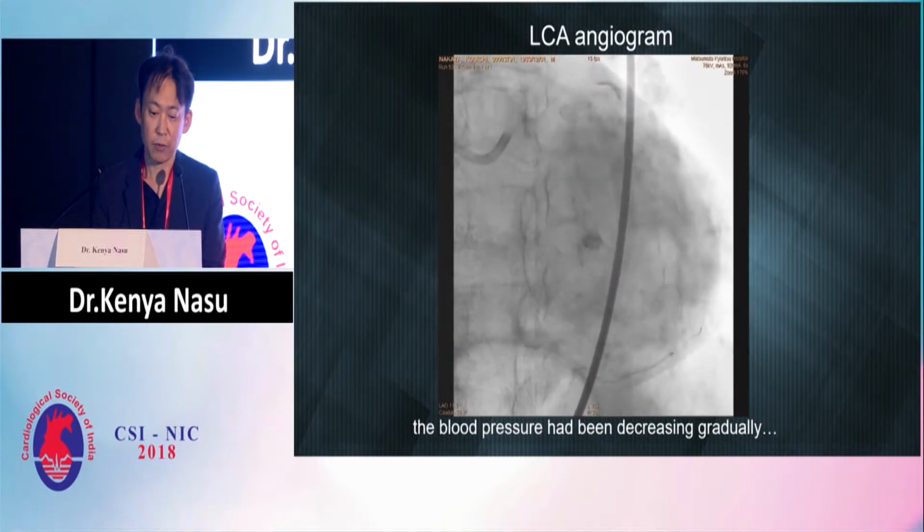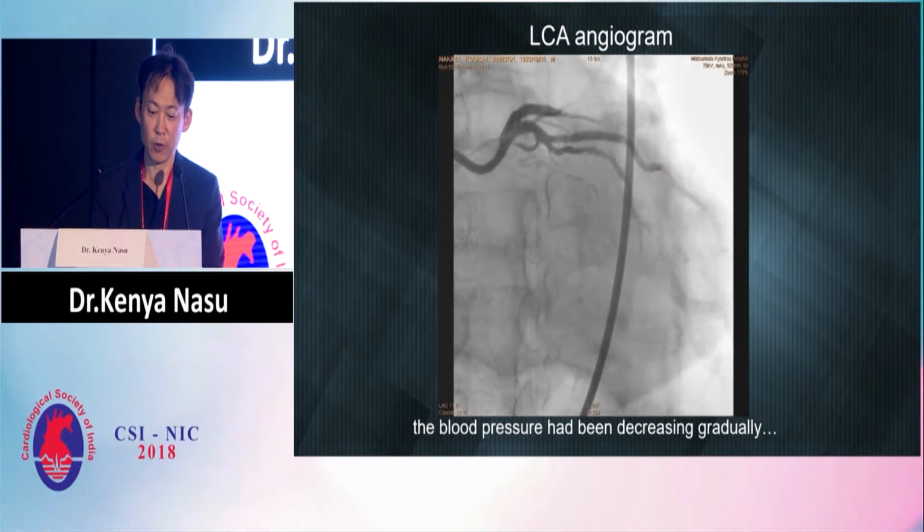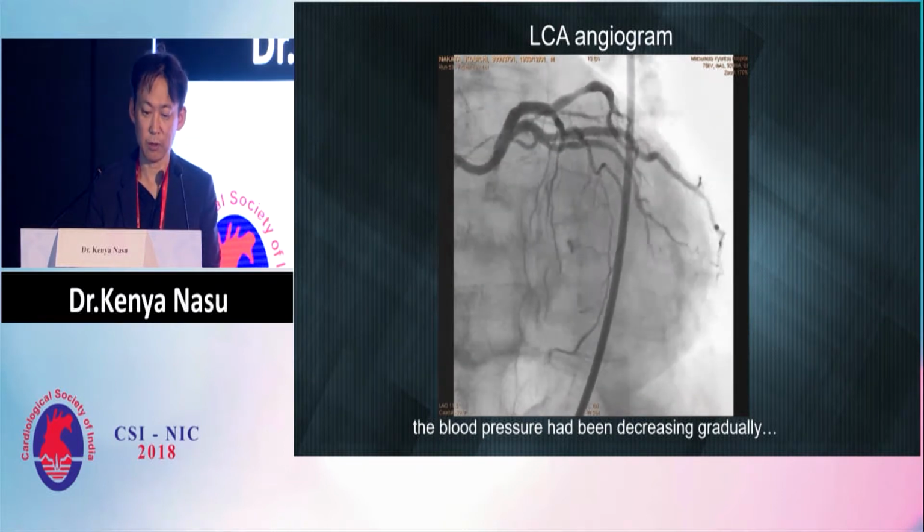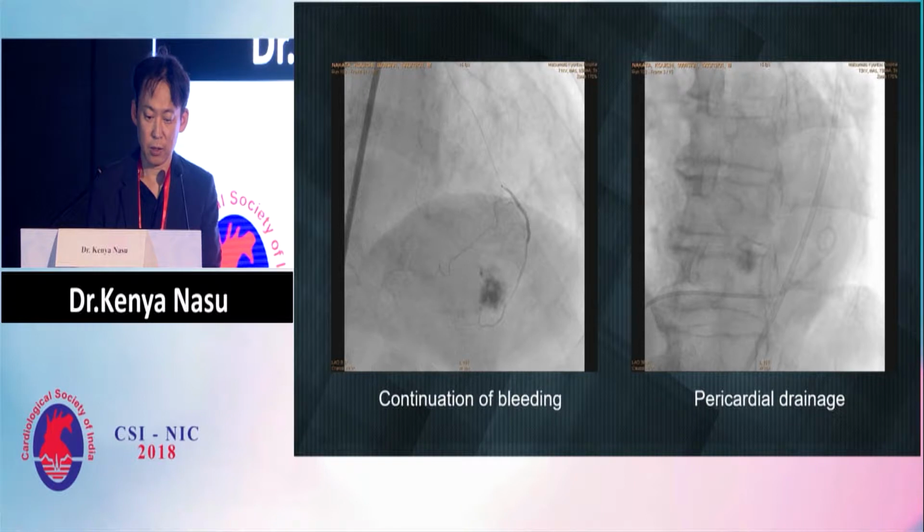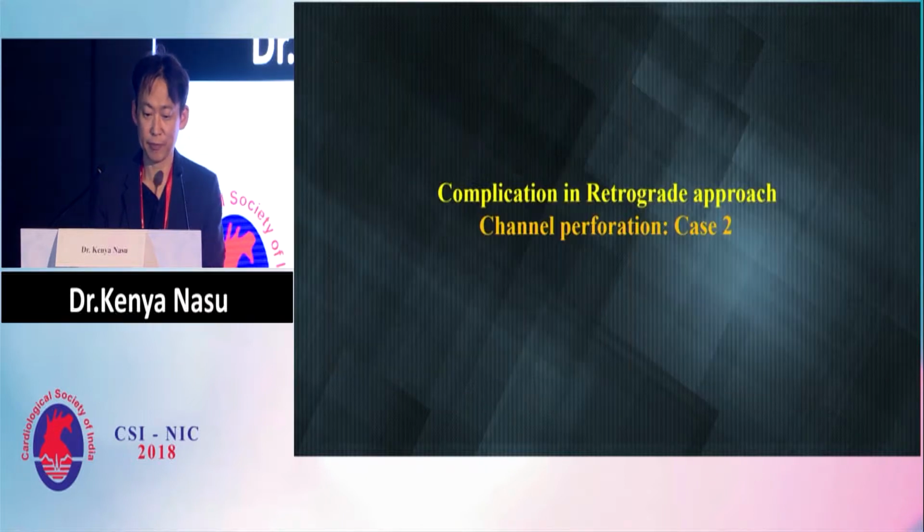So we checked the left coronary system again. As you can see, some hemorrhage continued. So we put thrombus to achieve hemostasis, but we needed pericardial drainage to treat the cardiac tamponade.